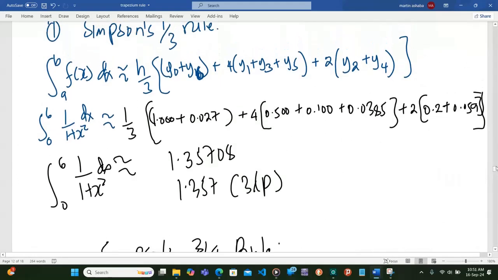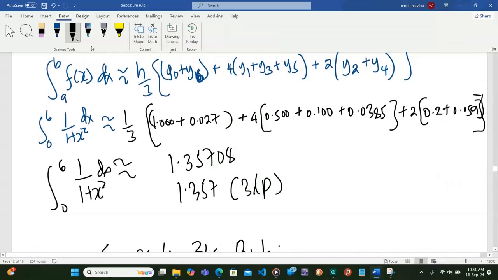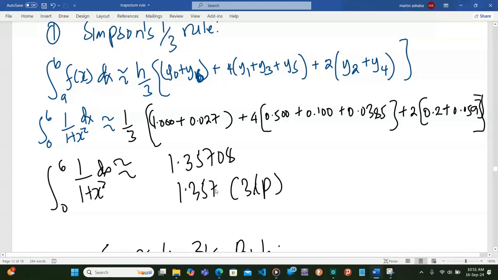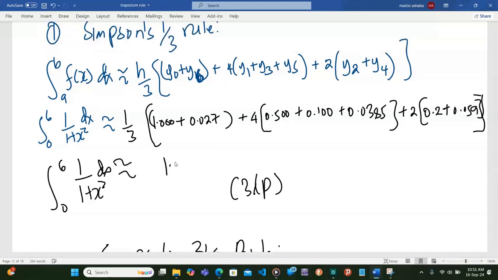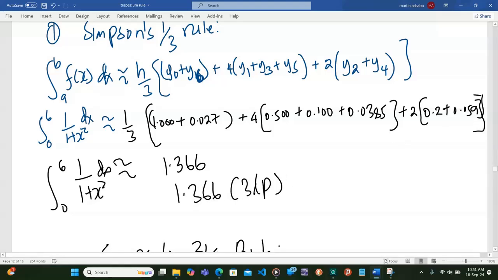For the other rule, I've recalculated, and this is equal to 1.366, to 3 decimal places.